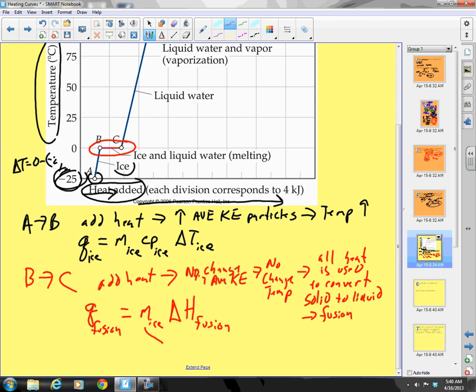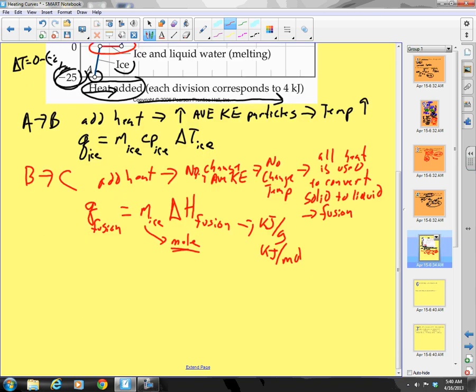Now, later, you might see it in moles. Right now, our information is going to be in mass because our heats of fusion are going to be kilojoules per gram. But sometimes you might see those in kilojoules per mole, and if you do, then you need to multiply it not by the mass of ice, but by moles of ice.